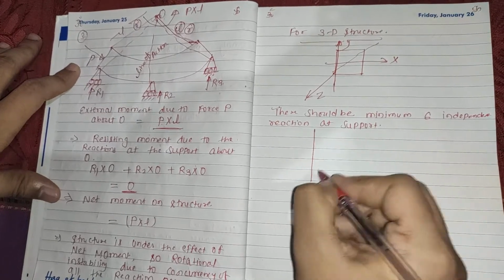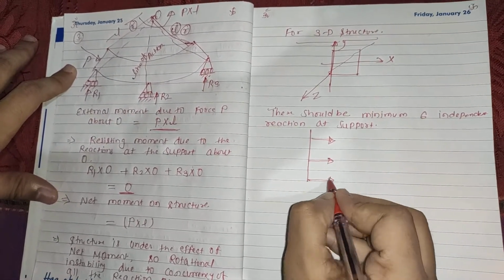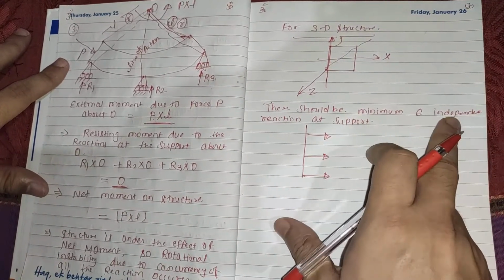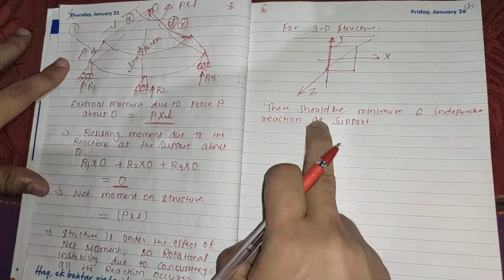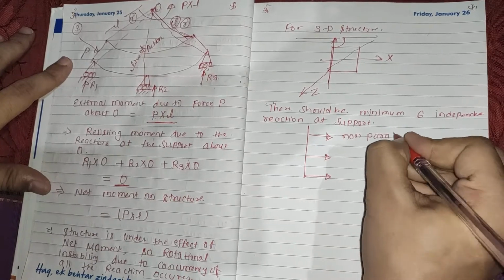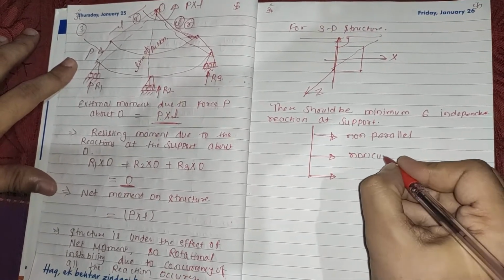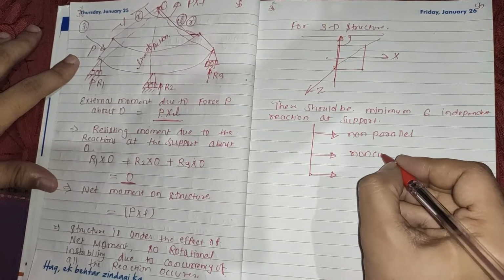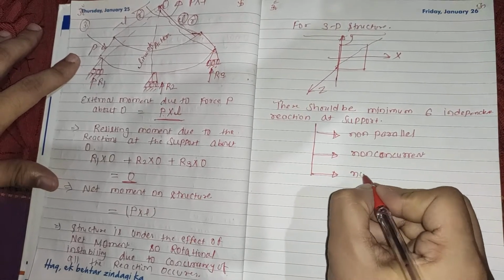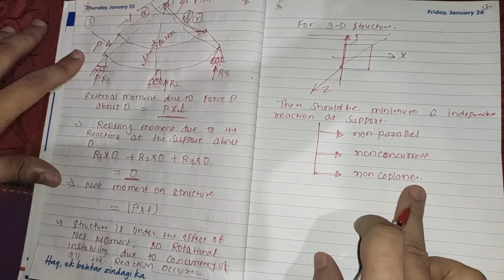Okay, and this is the condition of stability. 6 independent reactions. The second one is non-parallel. The third one is non-concurrent. The fourth one is non-coplanar. Clear? What is non-coplanar?